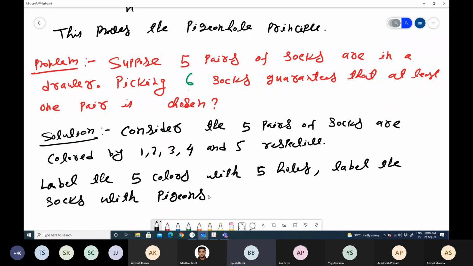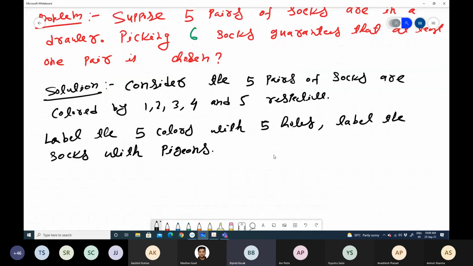Now it is very easy to prove by the pigeonhole principle.